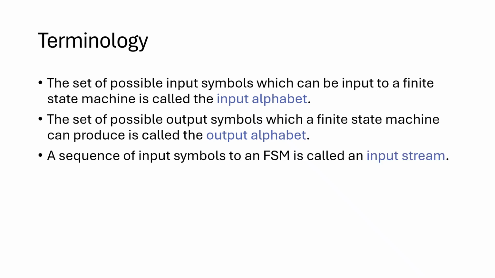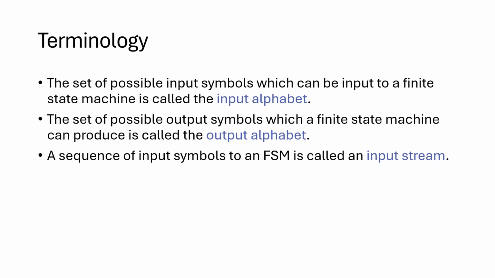Now, usually we don't design these machines for a single input. Again, if you go back to the turnstile example, we don't have just one customer either inserting a coin or pushing. What we expect is a sequence of customers where they insert the coin and then push, and then the next one comes in and so on.